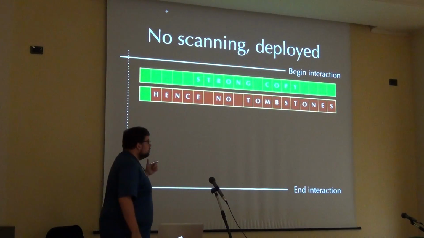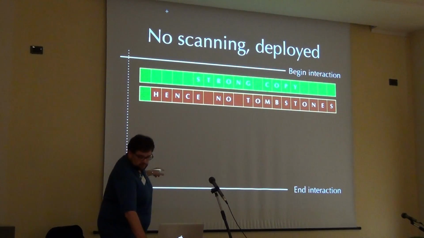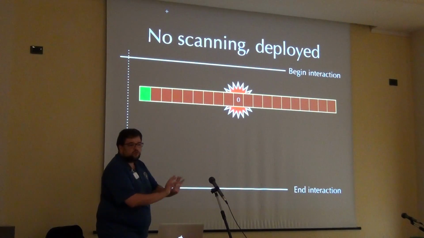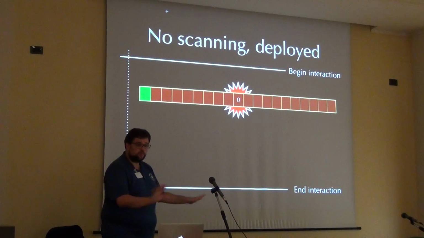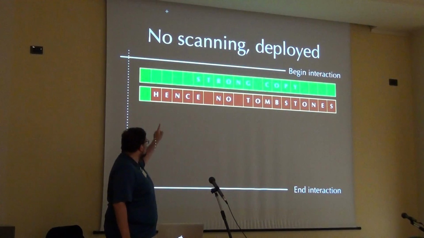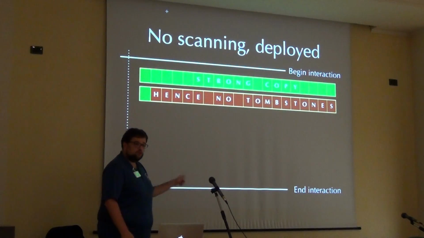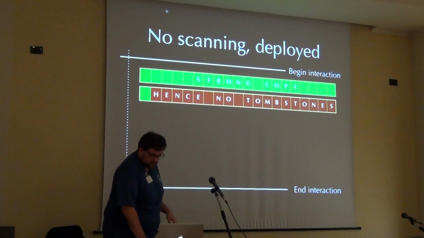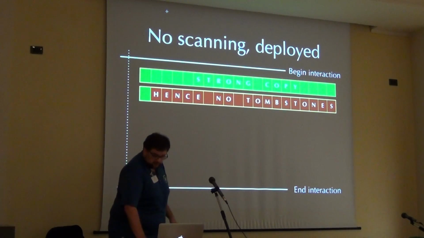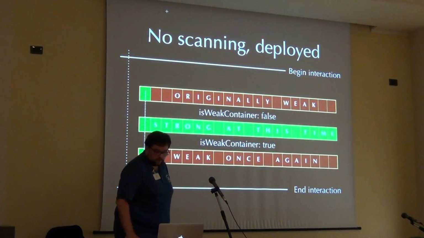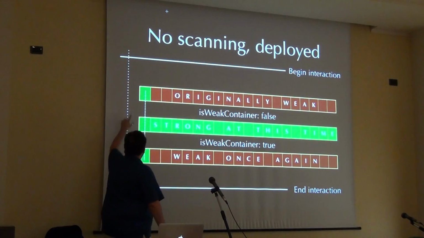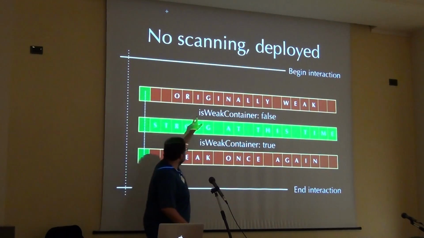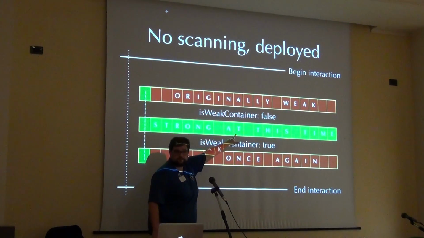And that also means, well, one might be tempted to say, I know that I don't want tombstones anymore, so somehow magically I stop all the garbage collection facilities. Well, what happens when you really need to run the garbage collector in order to make a copy, because there's not enough space? So this solution is not really reliable. And what we came up with, talking about this, was, how about the weak array becomes strong temporarily by sending it the message, is weak container false.